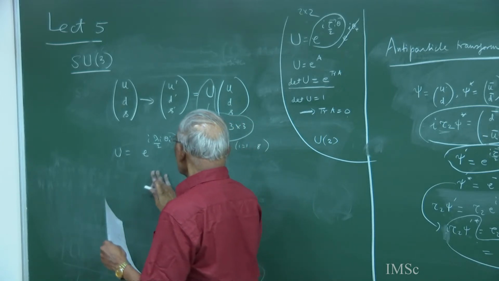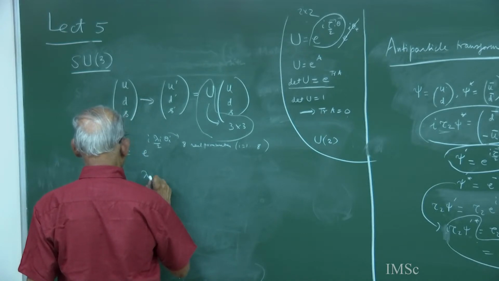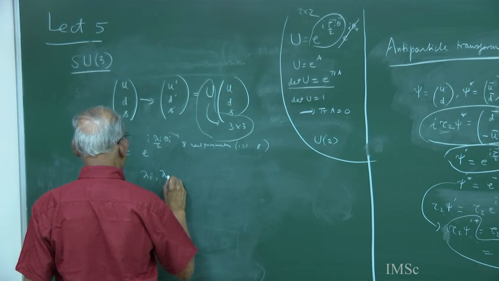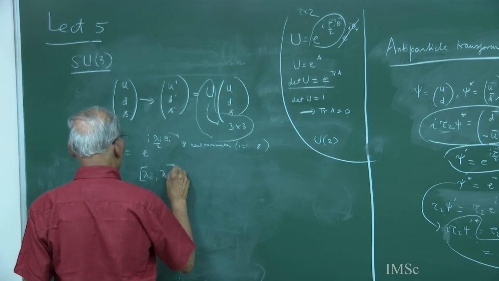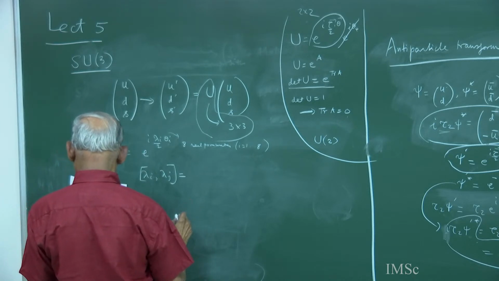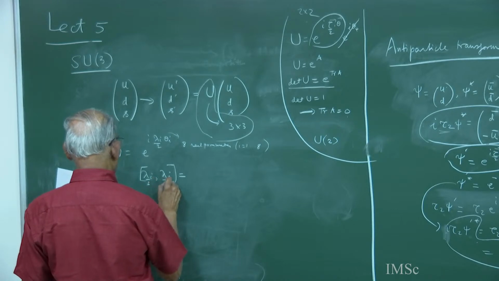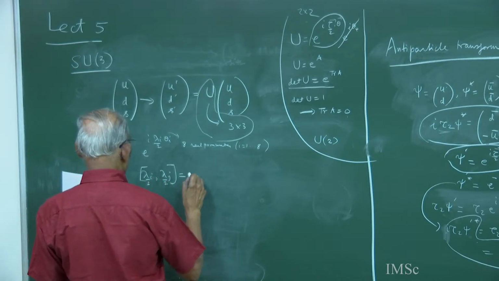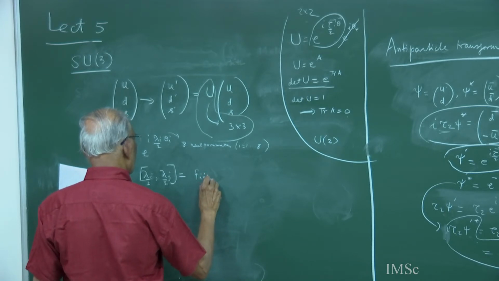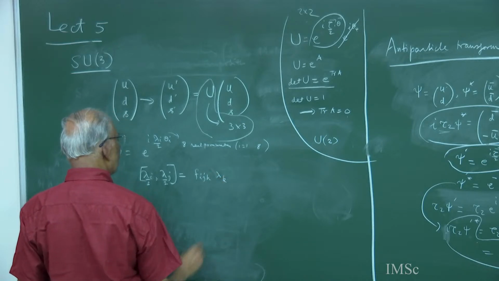And these lambdas also satisfy exactly the equations like the Pauli matrices. Lambda i's are, you can say, a generalization of the Pauli matrices into 3 by 3 matrices. Actually lambda i by 2, the real generators, satisfy the commutation relation equal to f ijk lambda k by 2, with k summed over here.